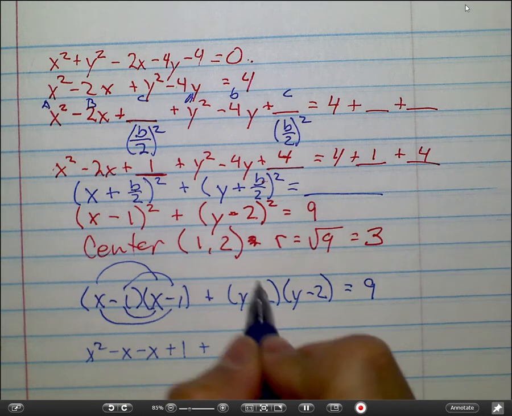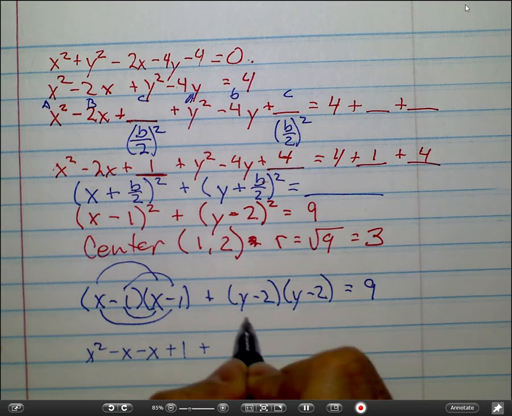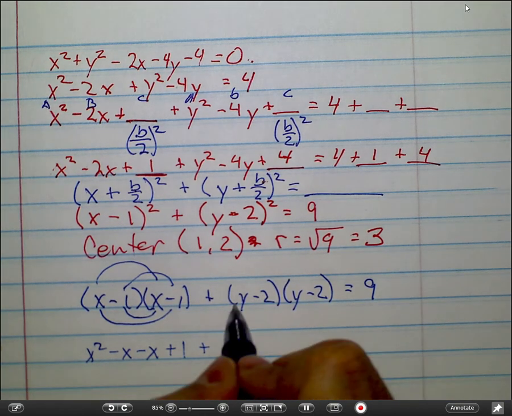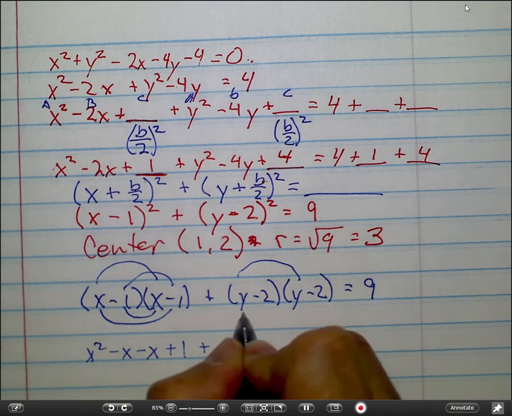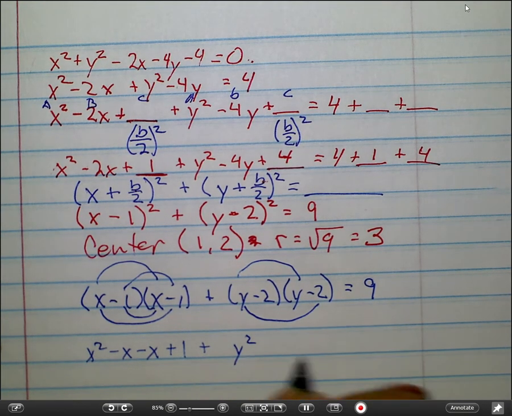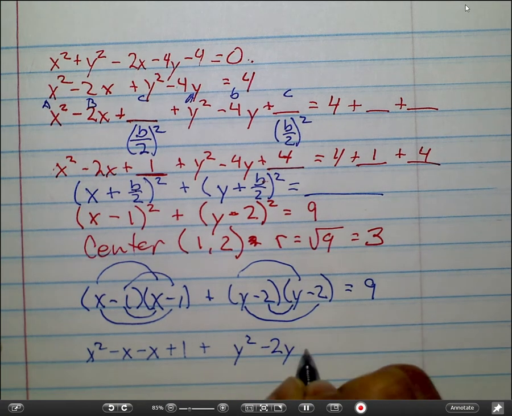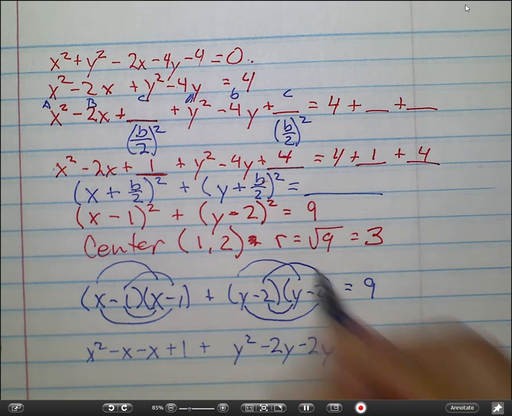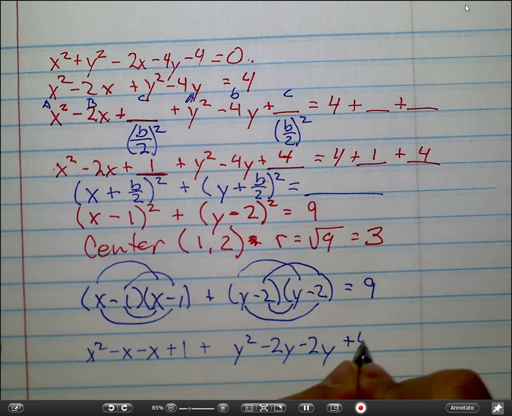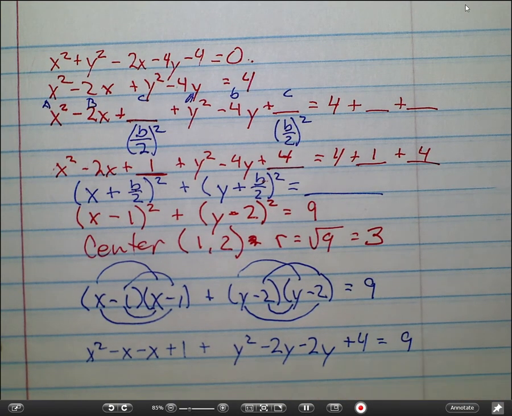Now let's do the same thing here. So y squared, y times negative 2, negative 2y, negative 2 times y, negative 2y, and then my last is going to be plus 4 equals 9, right?